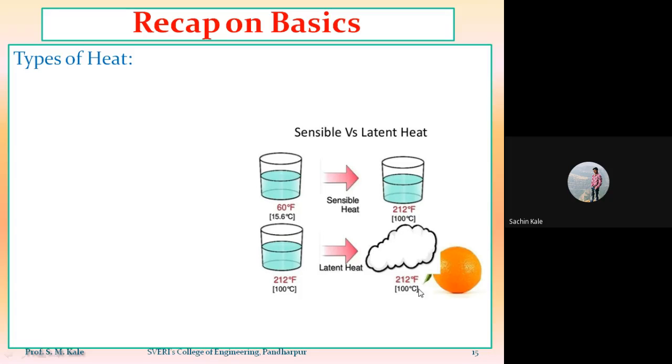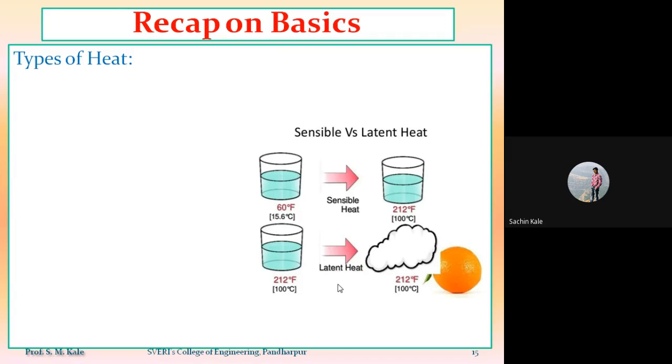The temperature remains the same in both cases, 100 degrees centigrade. Without changing the temperature of that substance, there is only a change of phase. Change of phase means liquid is getting converted into vapor. So in this case, whatever amount of heat we are supplying will be called latent heat.